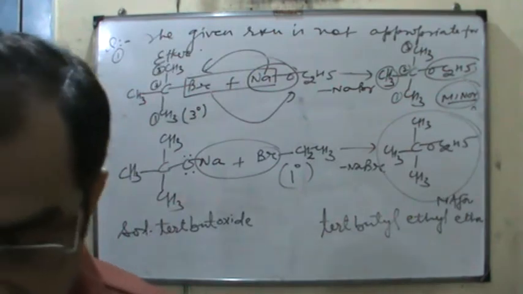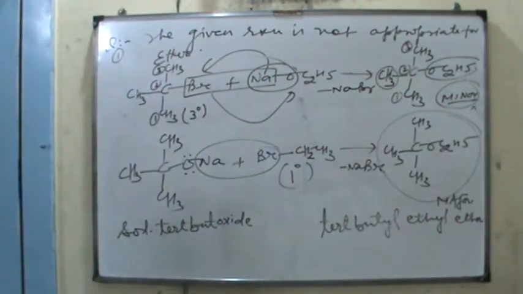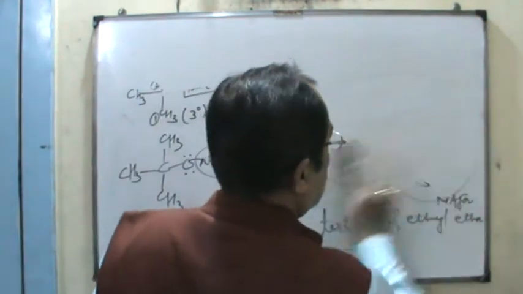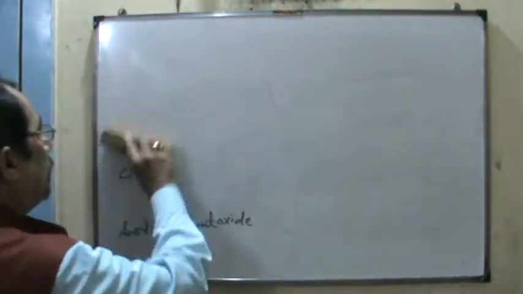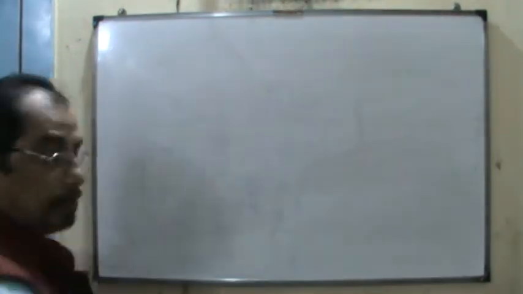Now I take another question from your textbook to discuss here. Conversions. Very few conversions are given here. Only the mechanisms part is important and the name reactions are important. Before that, solve some questions here.